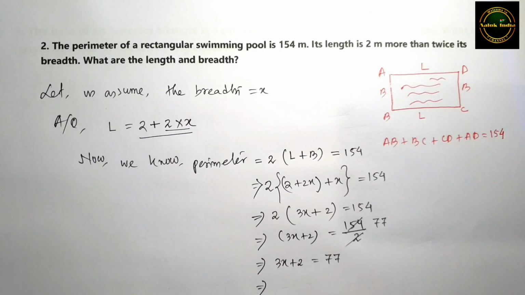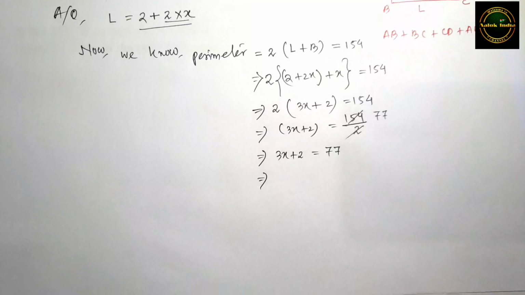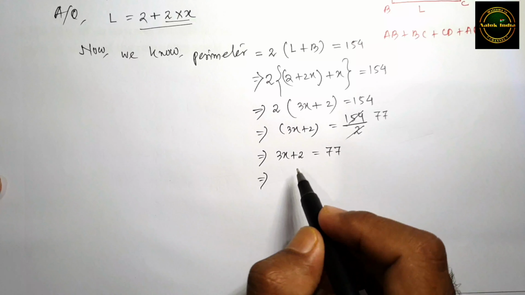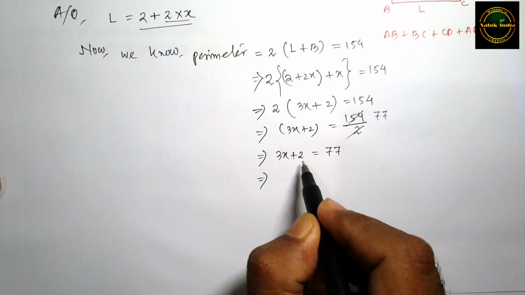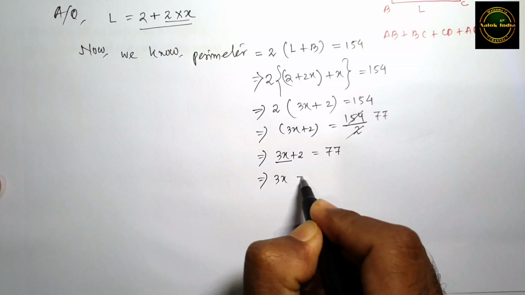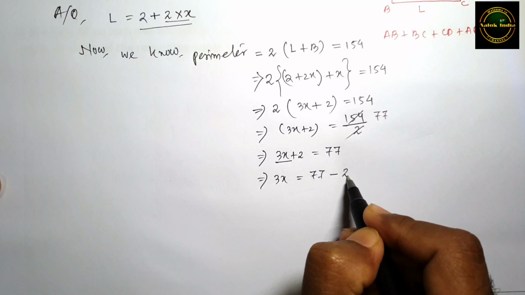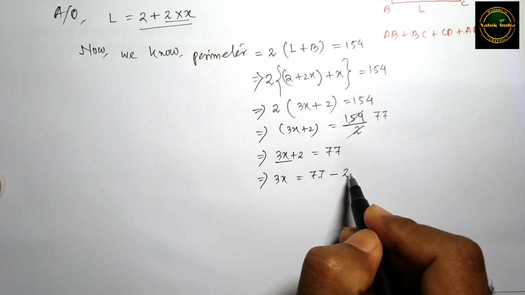Now next what we'll do, we'll keep the variable on the left side and the constant on the right side. So 3x is a variable term, we'll keep it on the left side. 77 minus, here the constant term is 2. From plus, if it goes to the right side, it becomes minus.